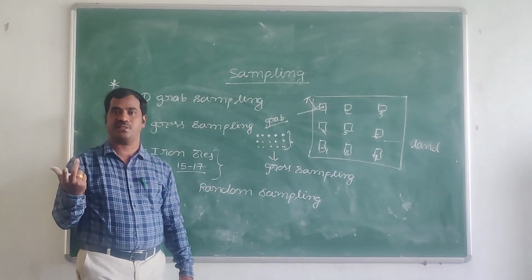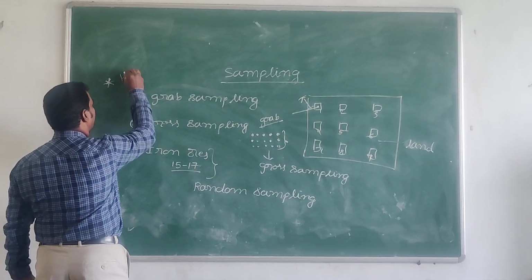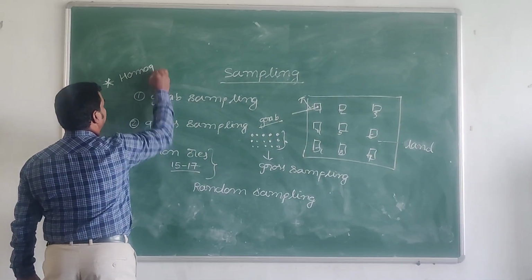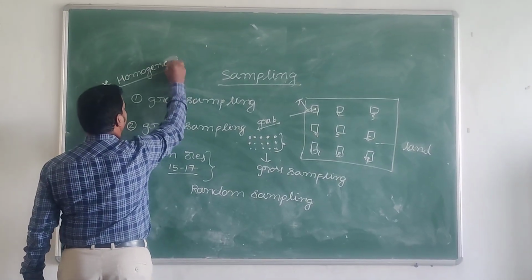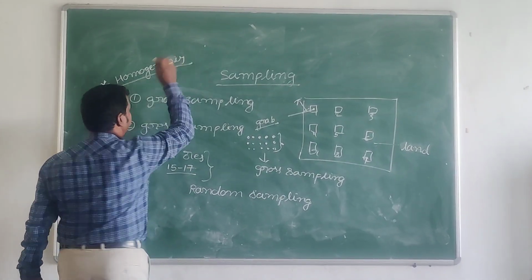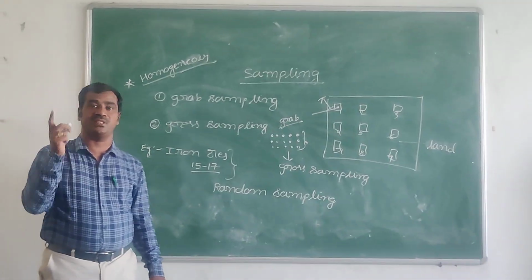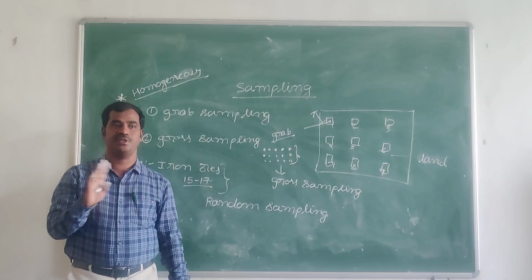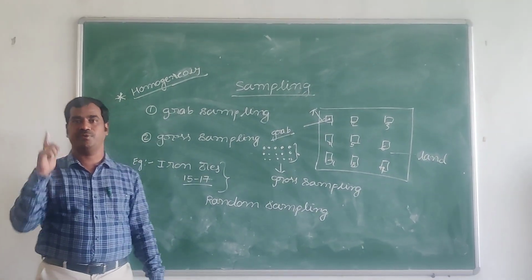Our definition holds based on the sample being homogeneous. It is very important for analysis. The sample must be homogeneous. If it is non-homogeneous, our definition will not be valid.